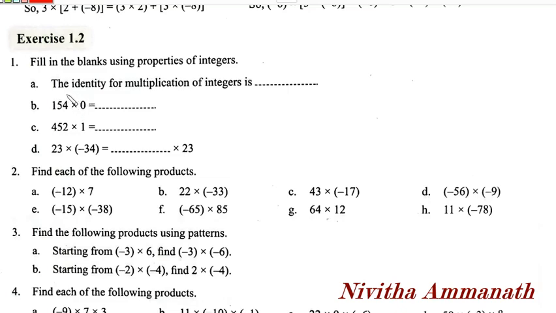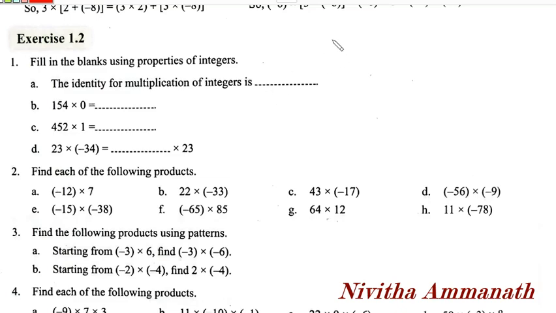Now, the identity for multiplication of integers is, that is how we do the multiplication of integers. When we multiply 1 with a number, we get that number itself, then we say that it is the identity.